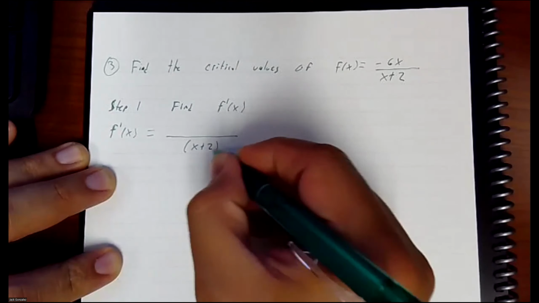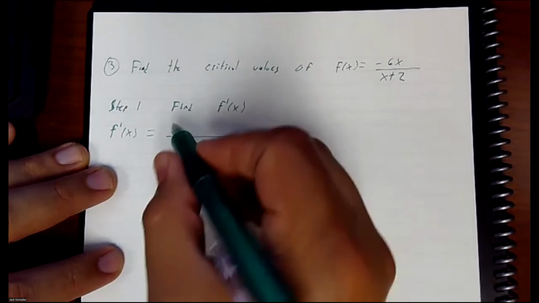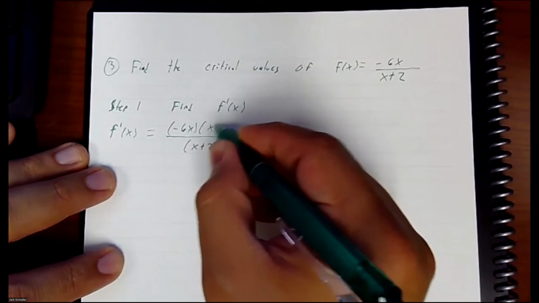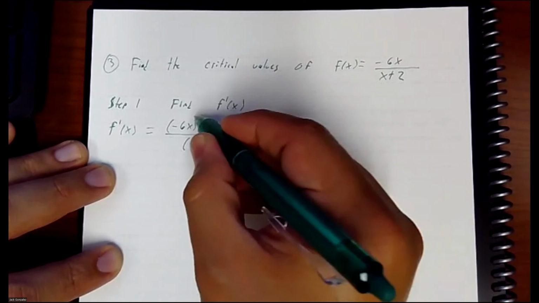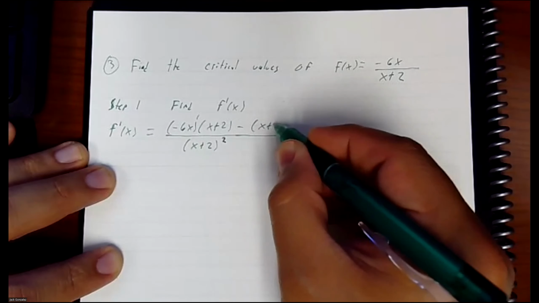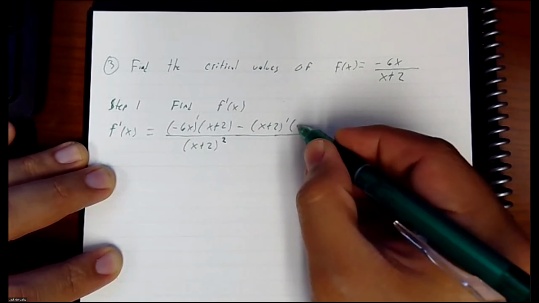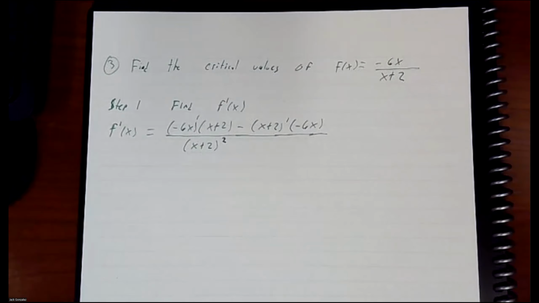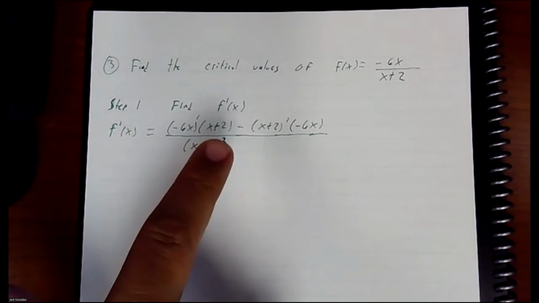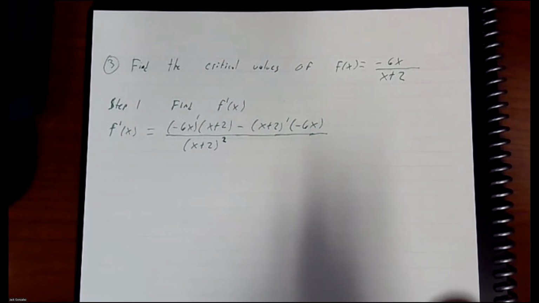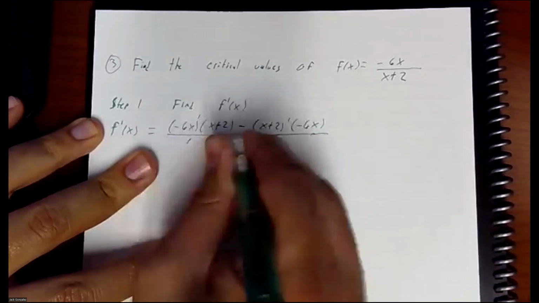So square the bottom, and it's derivative of the top times the bottom minus derivative of the bottom times the top. Let me double check. Yeah, we're good.